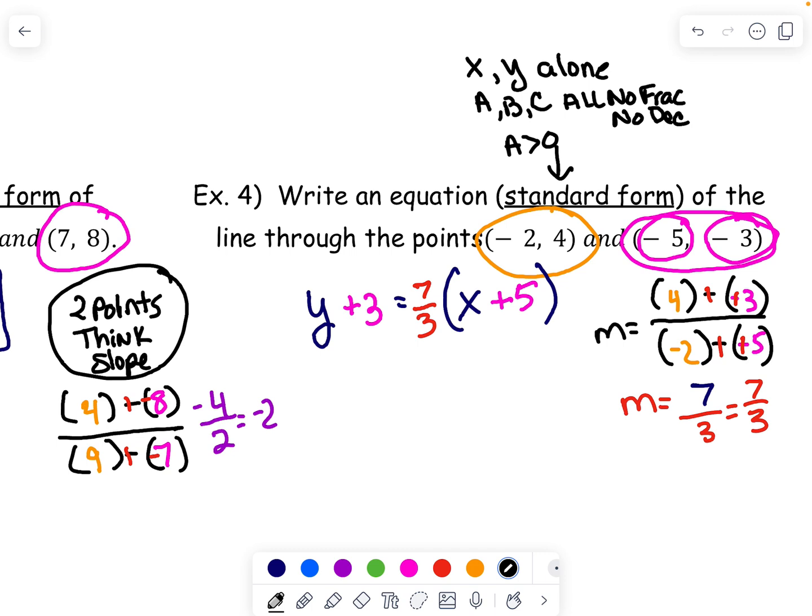So actually, we don't even have to say alone. Let's say x and y on the same side. Okay, well, first of all, we don't want fractions anyways.